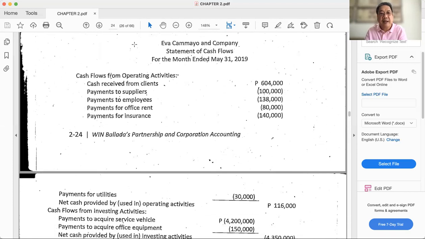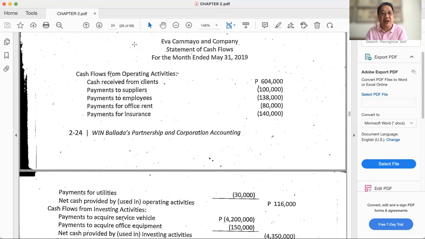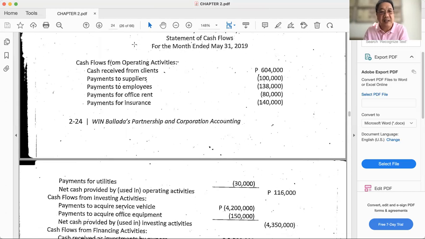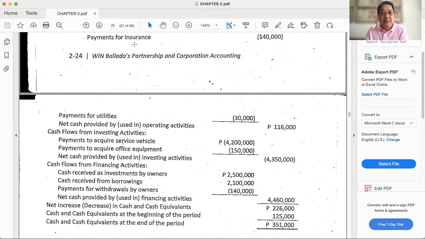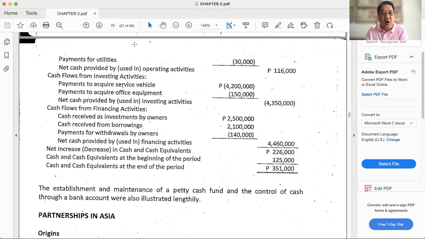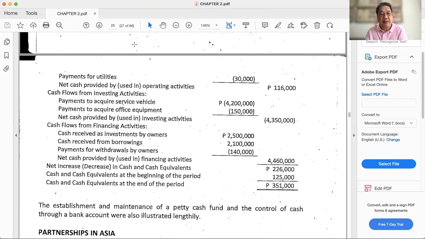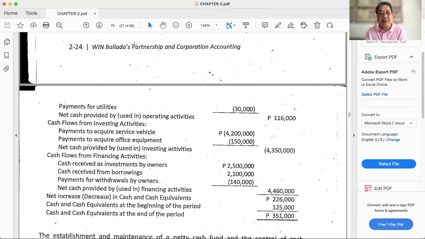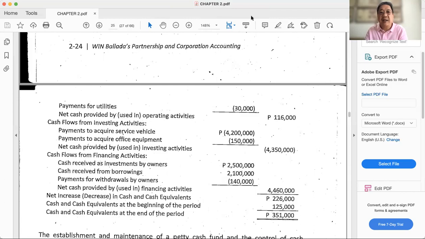Okay? These are examples of net cash outflows from operating activities. Basta ang cash flow statement ay tungkol lamang sa mga cash na pumasok at cash na lumabas.